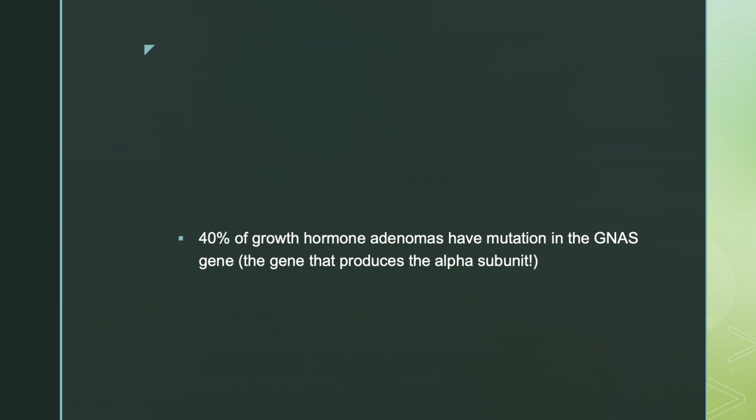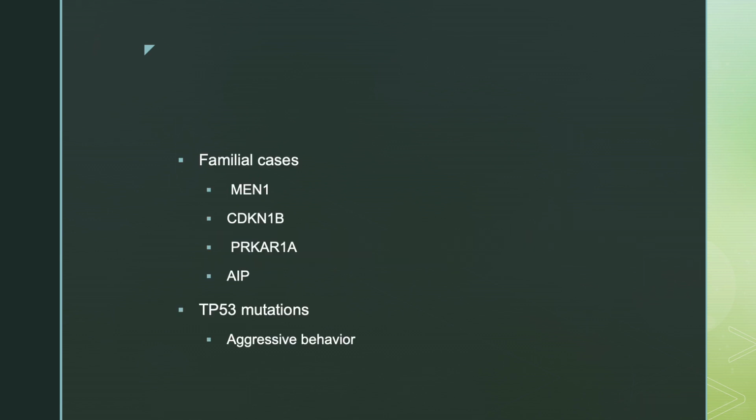This is the gene that produces the alpha subunit of the G protein. As mentioned previously, most cases are sporadic, and familial cases represent around 5% of the cases. In this case, certain genes are affected, for example, MEN1, cyclin-dependent kinase 1B, PRKAR1A, and AIP. TP53 mutation, which you have probably seen by now, is common among many tumors. If it's present, it denotes an aggressive behavior of the tumor.